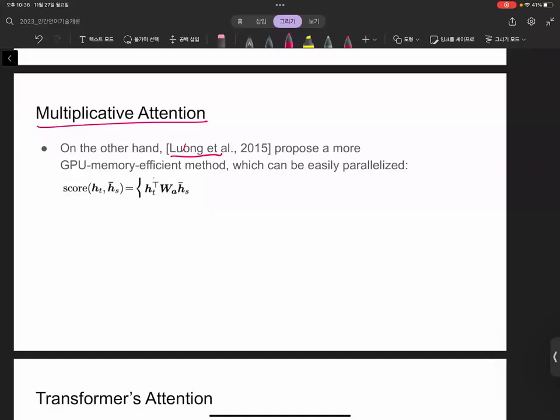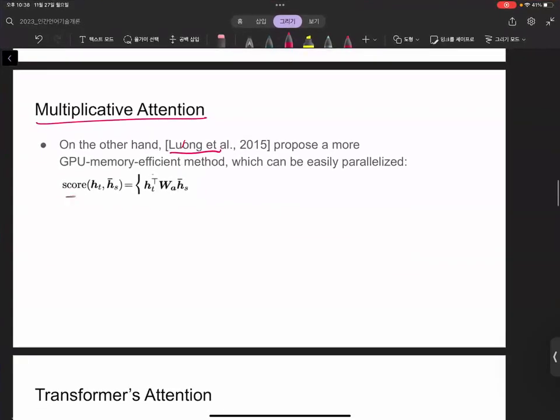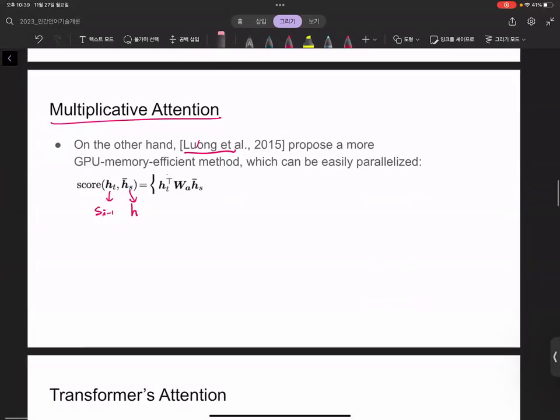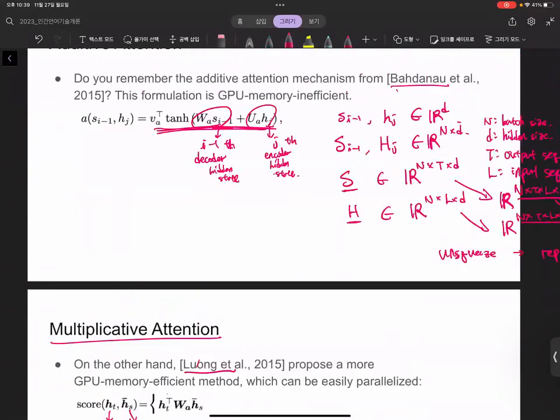So let's see. This figure comes from the original paper, so the notation is different. If we use the same notation as in the previous slide, then this is S_{i-1}, and this is H_j.